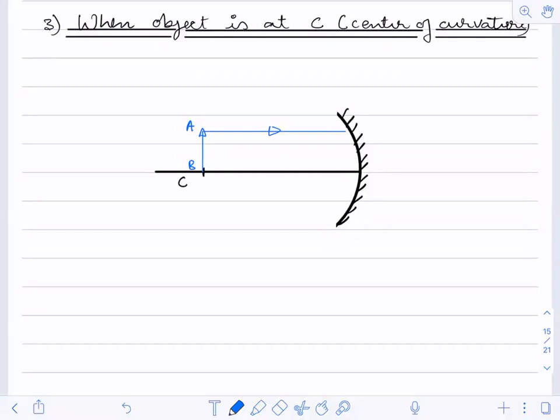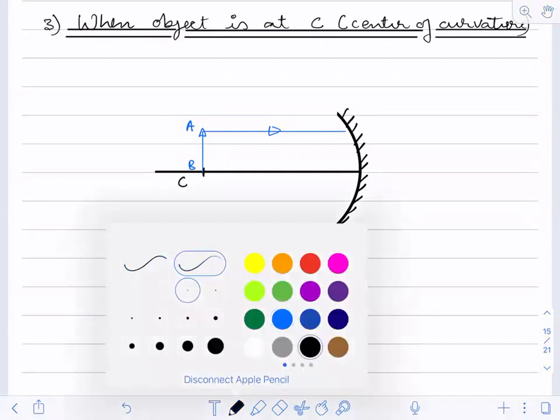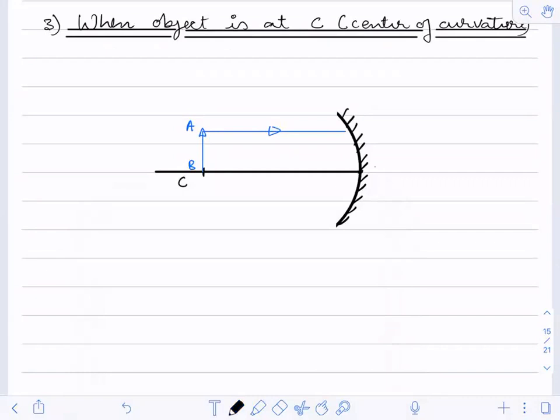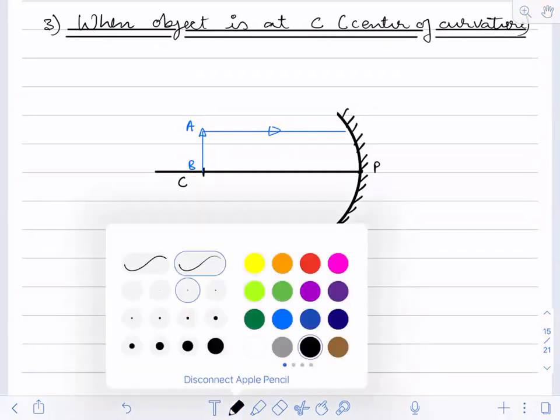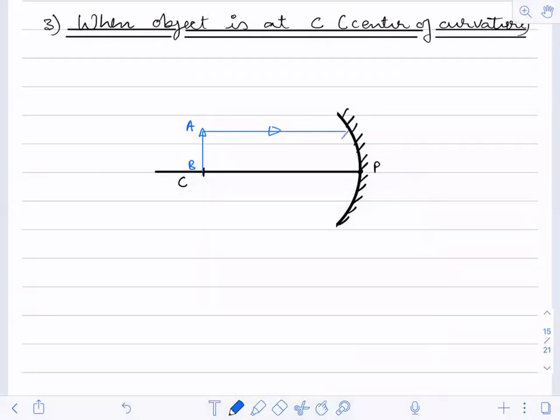Can you tell me on principal axis from where this reflected ray will pass? From focus, very good. From focus it is going to pass, like this.